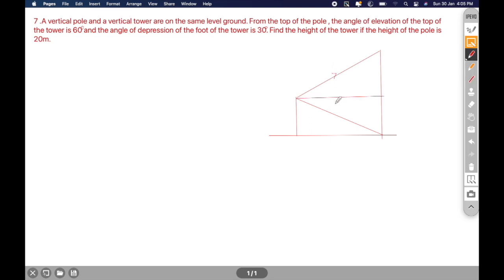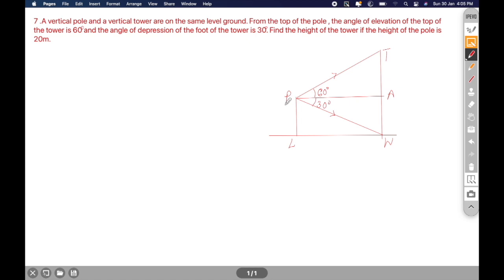So we are looking up and looking down. When we are looking down, the angle of depression is said to be 30 degree, and when you are looking up to the top of the tower, the angle of elevation is said to be 60 degree. So PL is the pole and TW is the tower and PA is the line parallel to the ground.